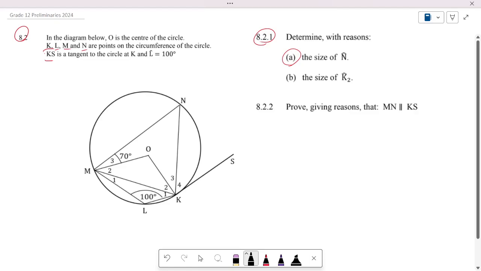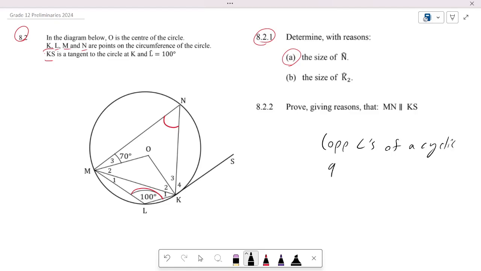What we know about the property of cyclic quadrilaterals is that opposite angles of a cyclic quad equal 180 degrees.